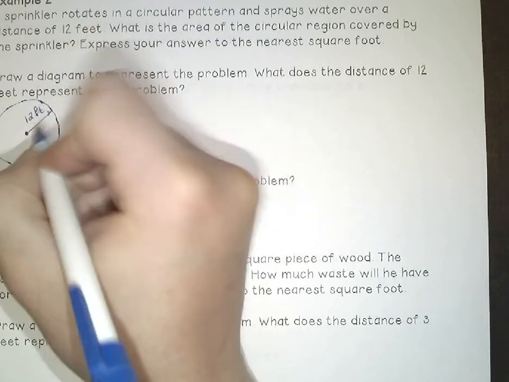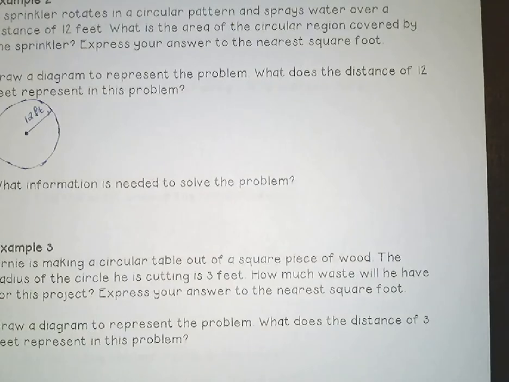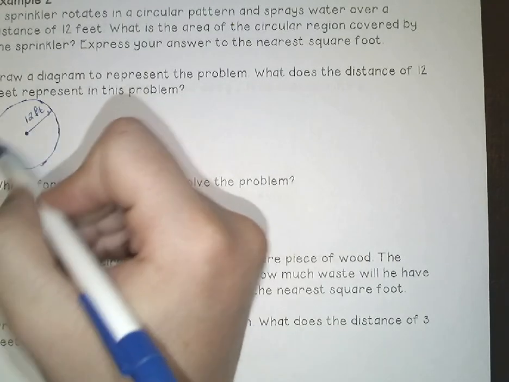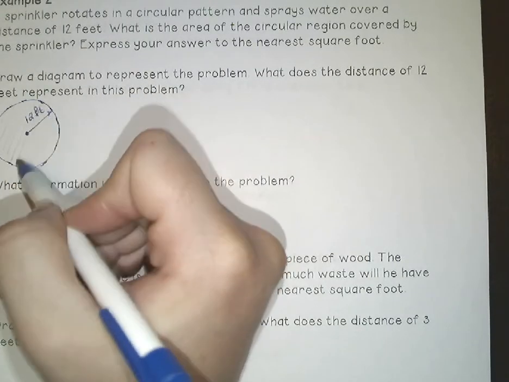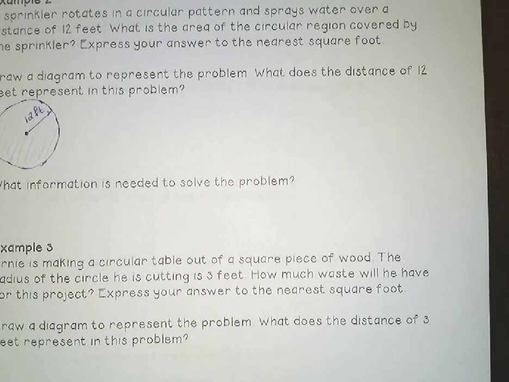That makes the radius of that circle. And we need to find the area that is being covered by the water. So right here, we need to find the area of the circle, right? What information is needed to solve the problem? Radius of the circle.